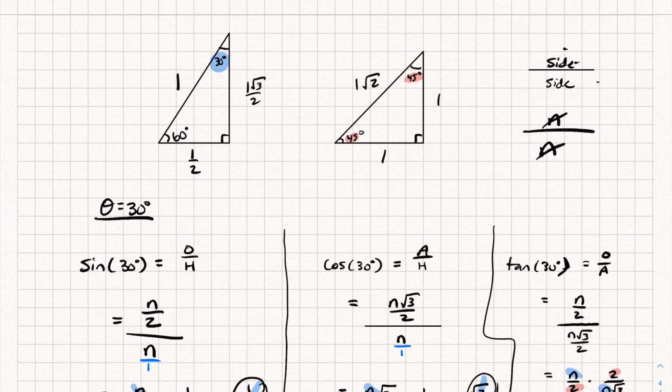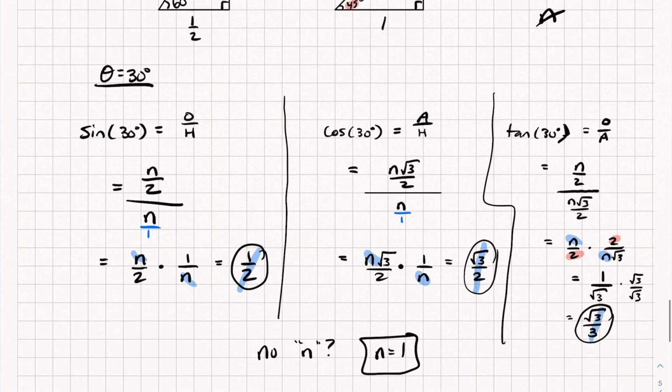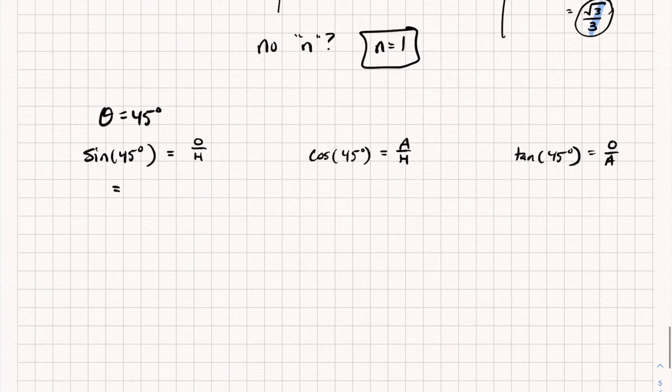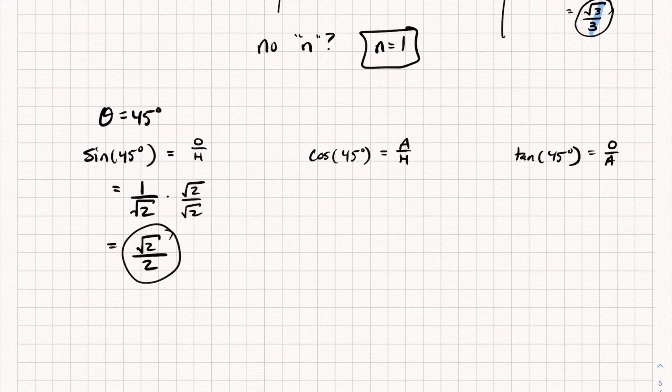Sine is opposite over hypotenuse. Notice without the n's, our lives get a little bit easier. This will be 1 over root 2, which I can rationalize as root 2 over 2. There's sine of 45. Cosine of 45, adjacent over hypotenuse. The adjacent side is 1.